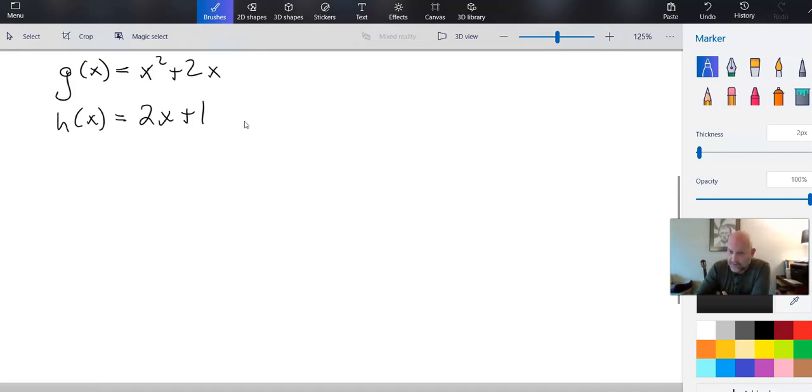Okay, so we have a square in here that we want to deal with. We're going to find g composed with h, and then we're going to find h composed with g, because we're going whole hog. Okay, now let's go ahead and take a look at g composed with h.